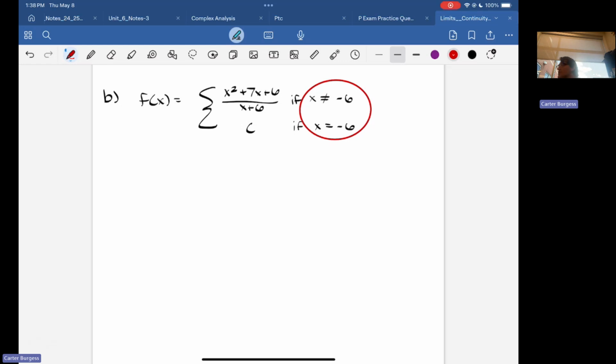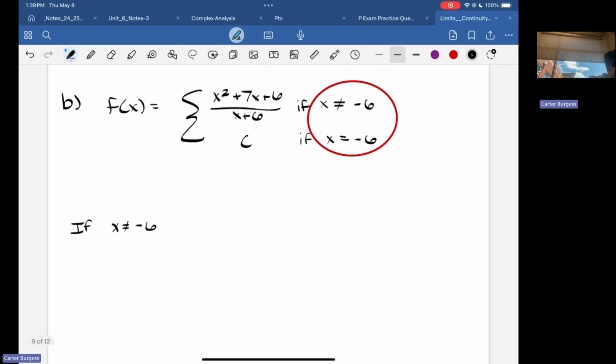But for everywhere else, I still want to make some kind of statement that says, just a heads up, I'm not checking these values because they're obviously continuous. So if negative 6 is the value of focus, we can just focus on what's going on if x is not equal to negative 6, because then which of these two functions am I definitely using?